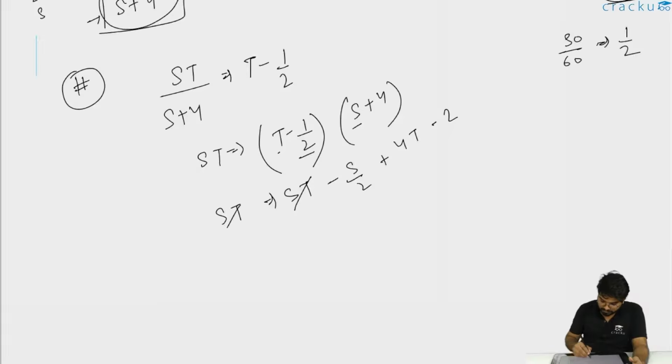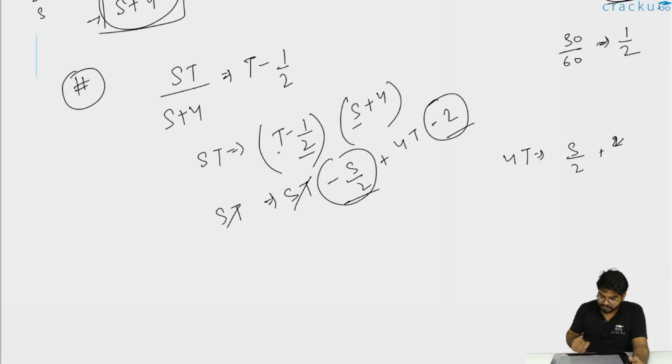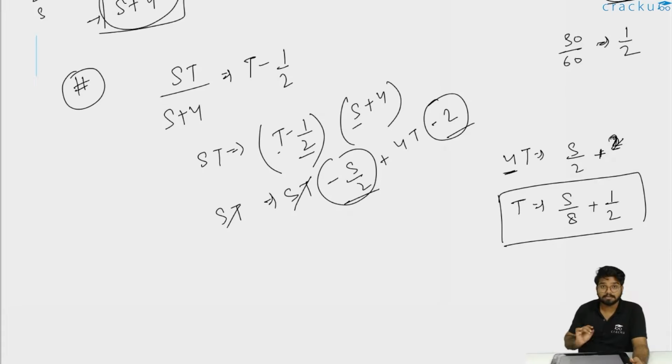So we have 4t is equal to s by 2 plus 2. Basically we have taken these two negative values to the other side. We can take 4 to the other side, so we will have t is equal to s by 8 plus 1 by 2. This is the value we have got for t, that is time.